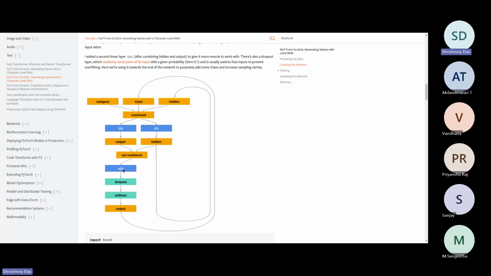Say you do some dropout, and because it is a classification task, you need some softmax, and then you output it. Like we saw with Apple, given an input A, you predict B, and then you use B as the input for the next step. Similarly, given output, you use it as an input for the next step, and the hidden here you use as hidden information for the next step. So is this diagram clear, what we discussed for the architecture of RNN?